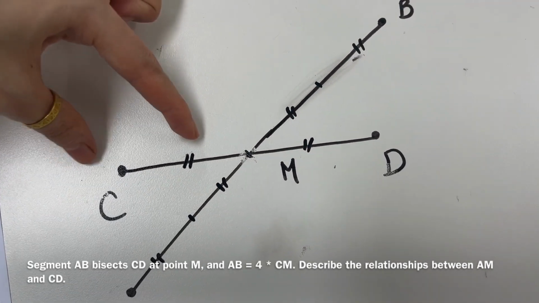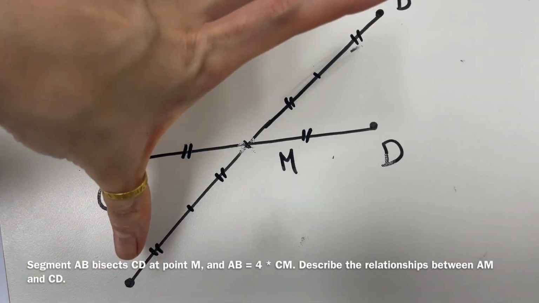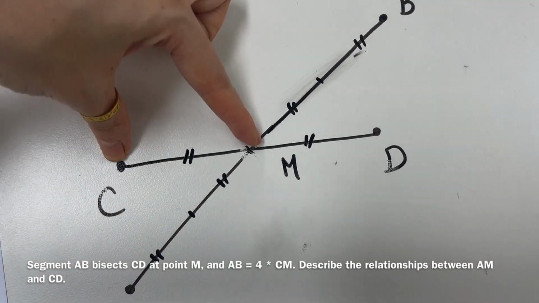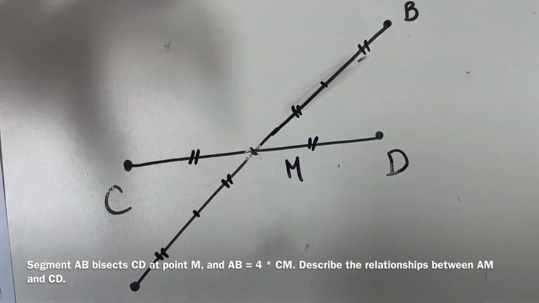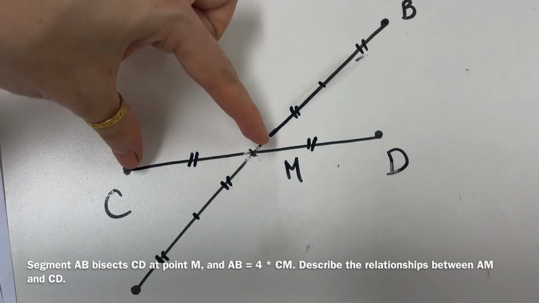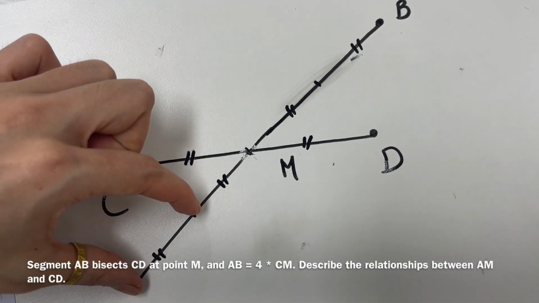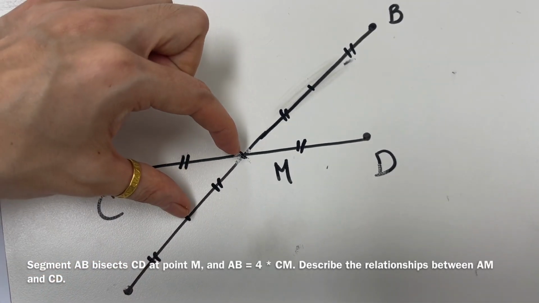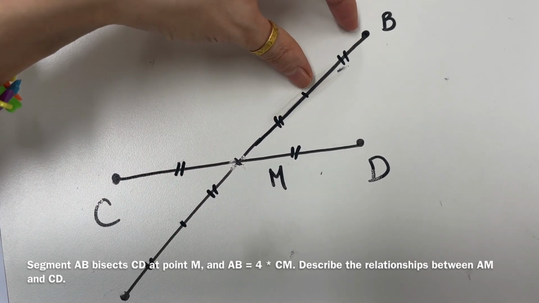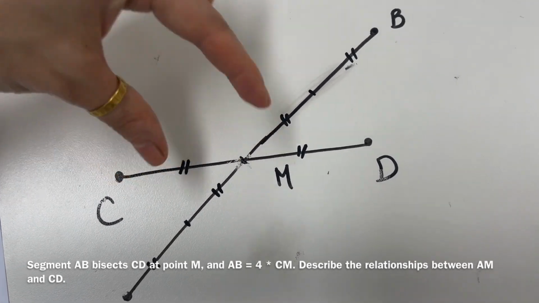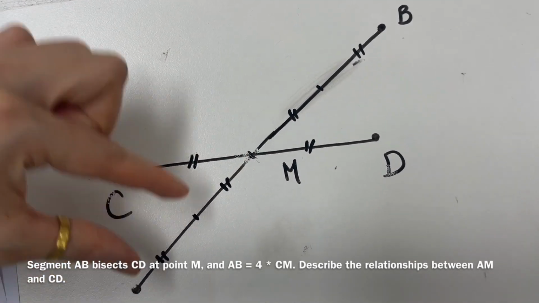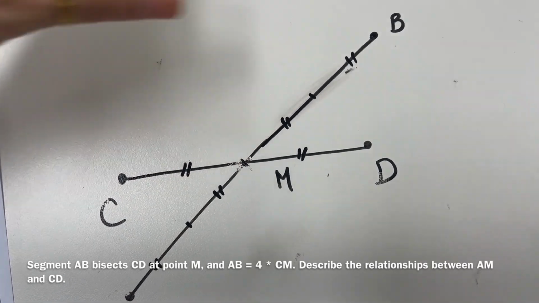And since AB is equal to 4 times segment CM, I can divide up my segment AB into 4 congruent parts, and they're going to be the same distance, right?